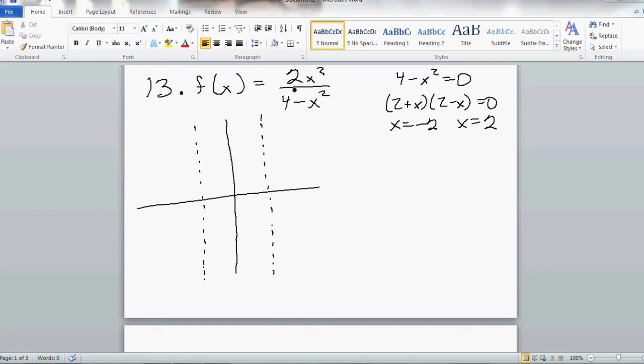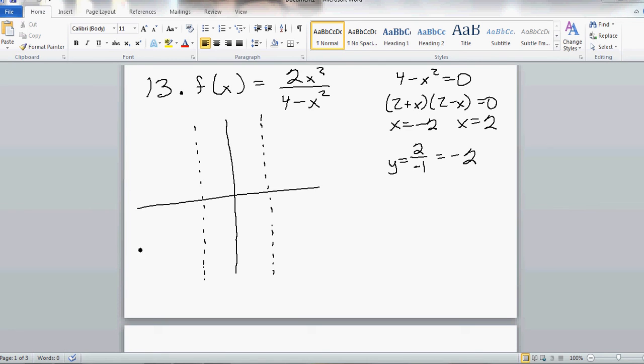But let's deal with the horizontal asymptote. Going back to last year, remembering that if the highest power in the numerator is equal to the highest power in the denominator, then we do have a horizontal asymptote, and that is just the leading coefficient of the numerator over the leading coefficient of the denominator, which is equal to -2.